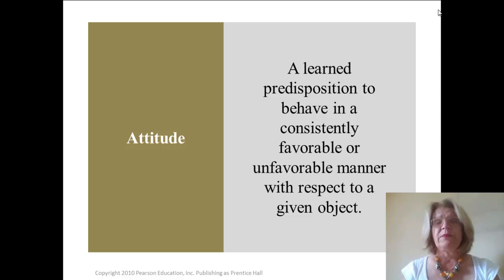Attitude is a learned predisposition to behave in a consistently favorable or unfavorable manner with respect to a given object. We have attitudes towards many things: people, products, services, advertisements, etc. For the most part, these attitudes have been learned and guide our behavior towards the object.